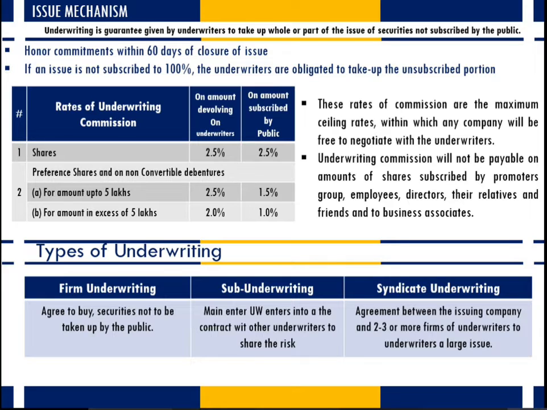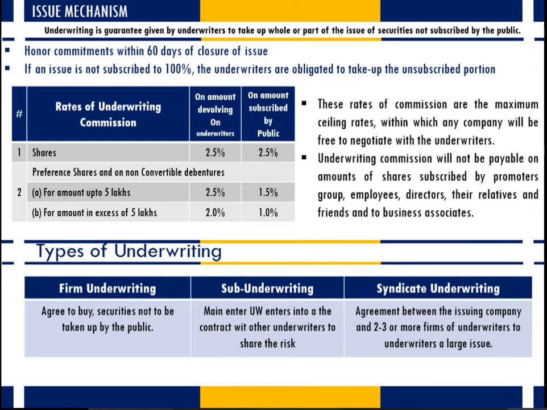Then you have sub underwriting. What will happen in sub underwriting? The main underwriter will personally enter into an agreement with another underwriter, saying that in case the shares do not get subscribed, you have to buy from me a certain percentage of shares. So this is called sub underwriting. The normal underwriting is called firm underwriting, in which the underwriters agree to buy the shares which are unsubscribed by the public.